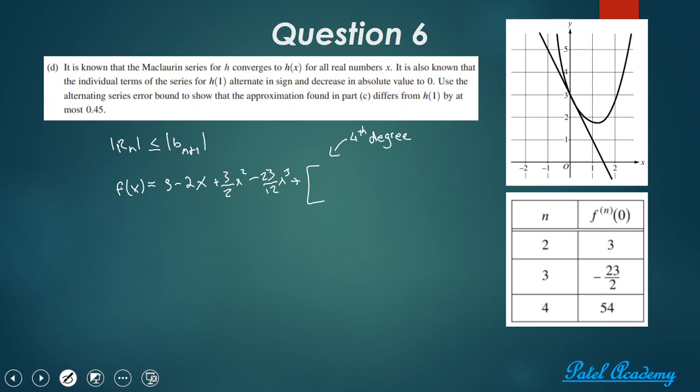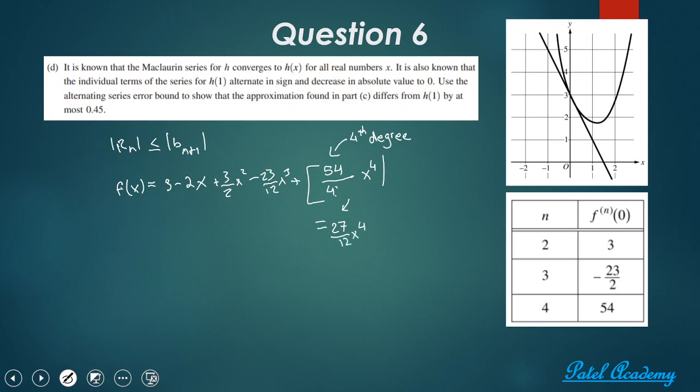Because that's what we're going to need for our error bound. Our fourth degree term is 54 over 4 factorial times x to the fourth, and 4 factorial is 24. So 54 over 24 gives us 27 over 12x to the fourth.